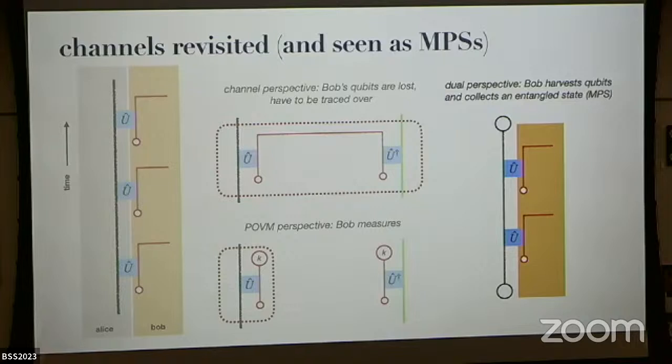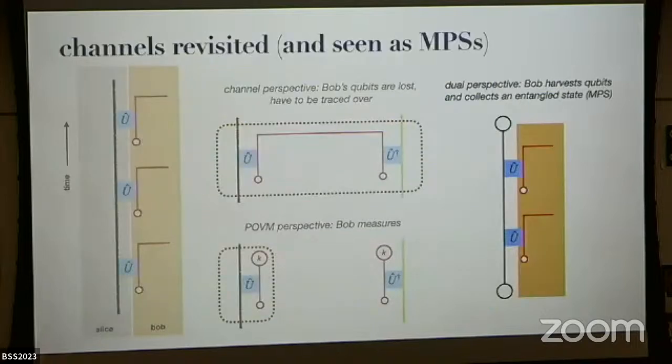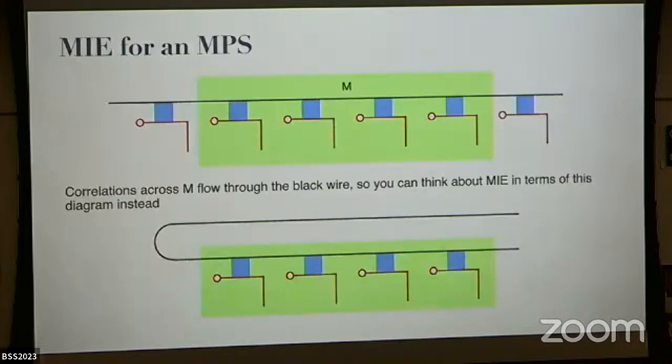Now, if you look at this diagram and turn it sideways, you'll see that it is a description of a matrix product state. In fact, it's a matrix product state in canonical form, as you've probably heard in Frank Pollmann's lectures. You can always put a matrix product state in canonical form, and the canonical form, I won't say anything about this, it's not important, corresponds to the unital property or the trace preservation property of the channel.